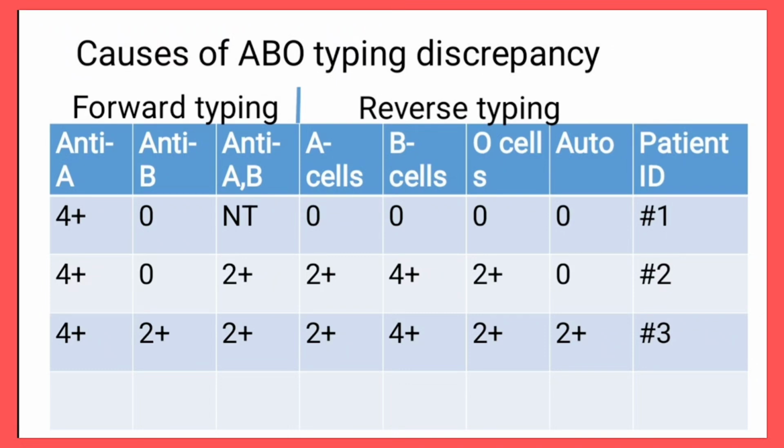And of course, because the anti-A and B well contains antibody A and antibody B, I believe that this 2+ is a reaction of the patient's red cell antigen A reacting with the antibody A that is here, not the antibody B. So the forward group agrees that this patient is A positive, even though I would have expected this to be stronger than this.